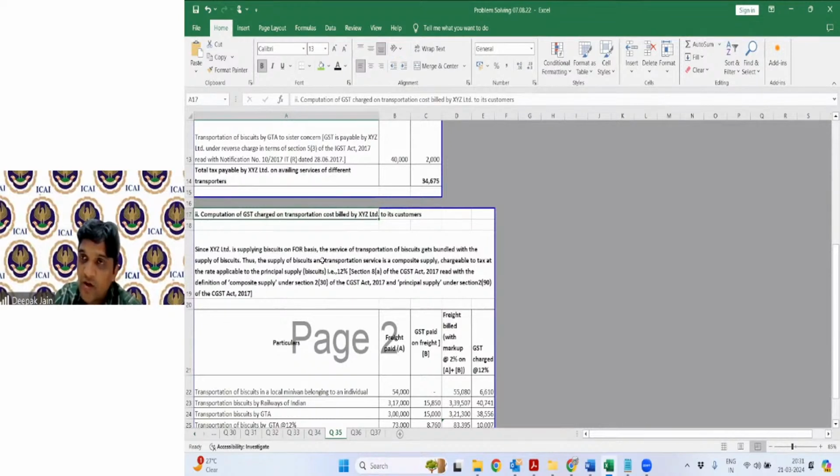The responsibility of the supplier is up to the location of the customer, which means I will have to supply it up to the place of the customer. So this transportation becomes part of my main supply. So it is a composite supply. That's why the GST rate on this transportation is the same as the rate on the value of goods. Otherwise it would be 5%, but this is a composite supply. So the rate of GST on this transportation is the GST rate you charge on the main product.